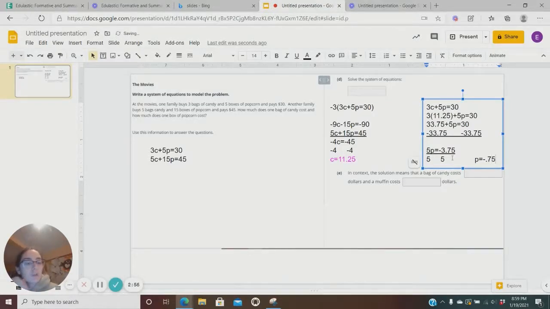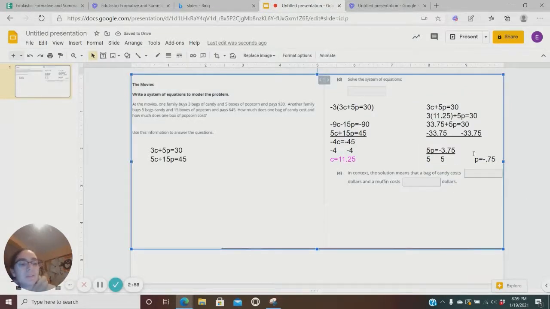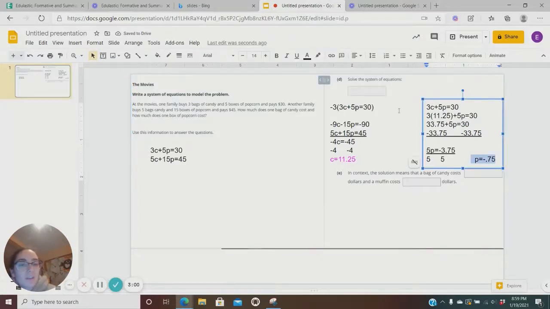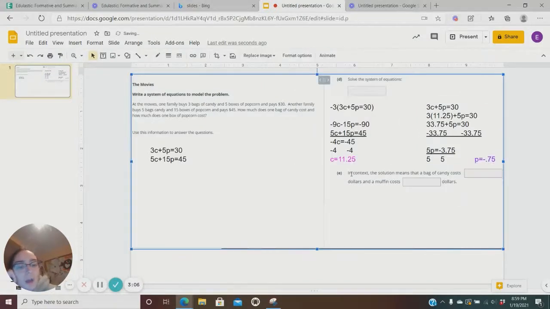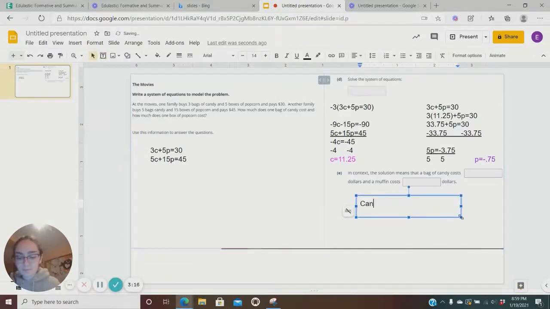A p that's equal to -0.75. Let's think about what this means in the context of this story. In the context of the story, the solution means that a bag of candy costs how much money? Candy costs $11.25.